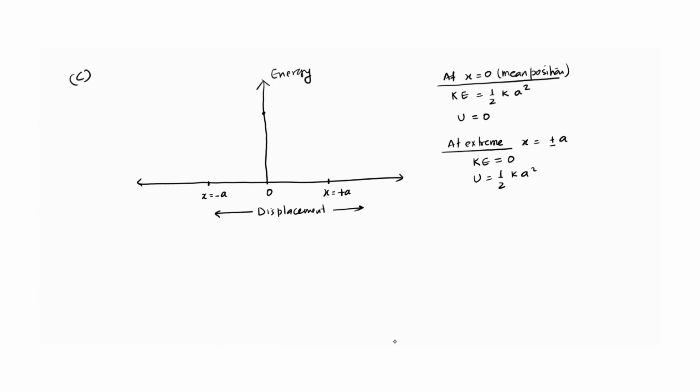So I'm using two colors. What we find is that the nature of the graph is something like this. I'm drawing it roughly.